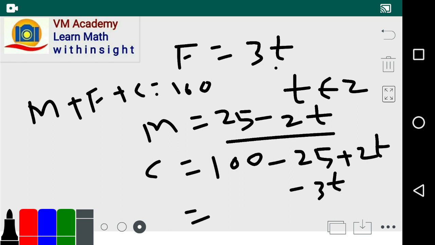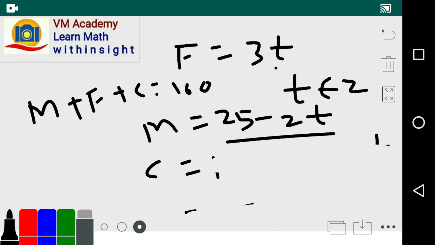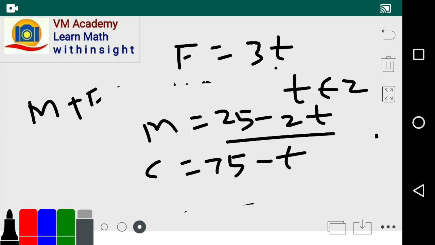And in this manner, 75 minus t. So c becomes 75 minus t. Now how many solutions are there?